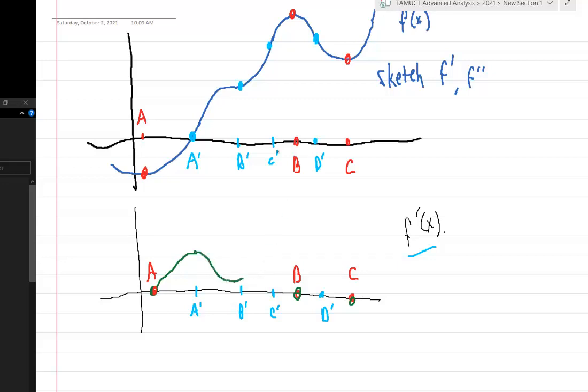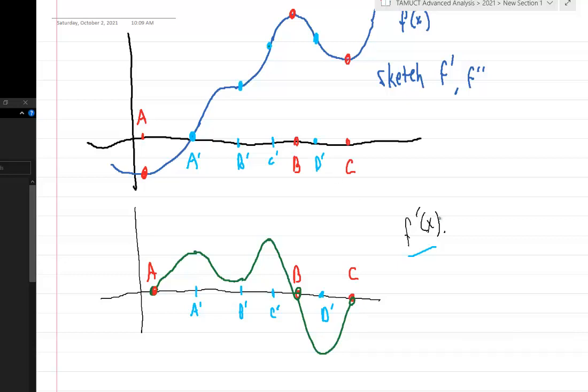Then here I have another maximum. I can't really compare this one and this one; maybe it's a little bit higher. And then it goes down to 0. Now here I know that the derivative of the derivative is 0, but the derivative itself is highly negative. So what we have here is a minimum like that. So that's my f prime.